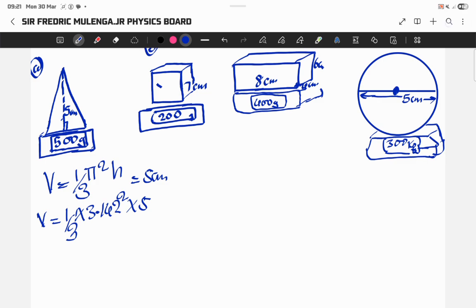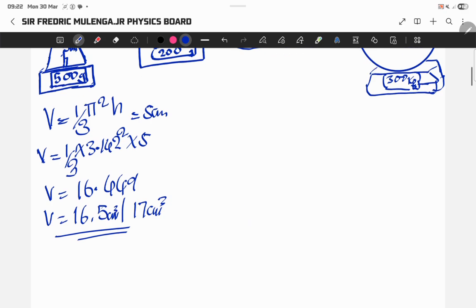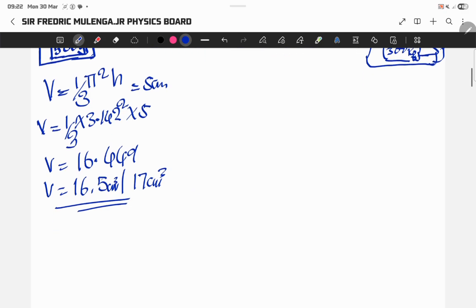This will give us a volume of 16.44449. We round it off to 16.5, or you can also leave it as the whole number 17 centimeters cubed. This is just fine. Now you have your volume, you can proceed and solve for your density.